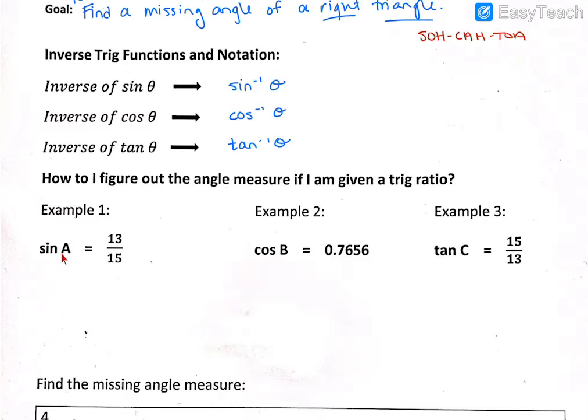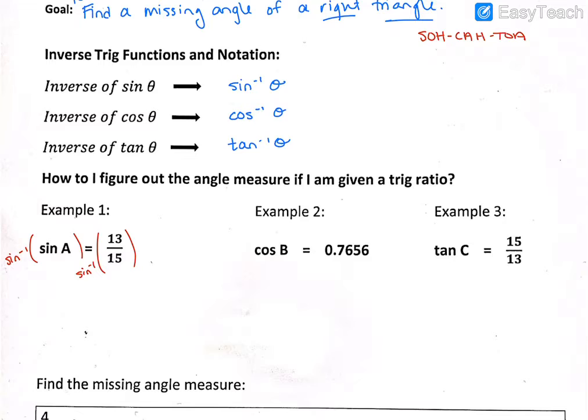So to undo it, you actually have to take the inverse of both sides. We take the sine inverse of this, and you have to write it on the left. So sine inverse of sine of A and sine inverse of 13 over 15.